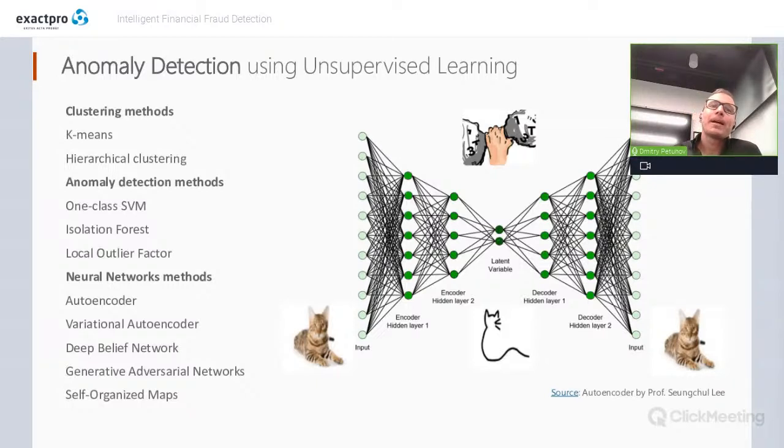That's what I want to say about autoencoder-like architectures, about deep belief networks and generative adversarial networks, or GAN. They are both generative neural networks. One of them, the deep belief network, is based on the restricted Boltzmann machine.